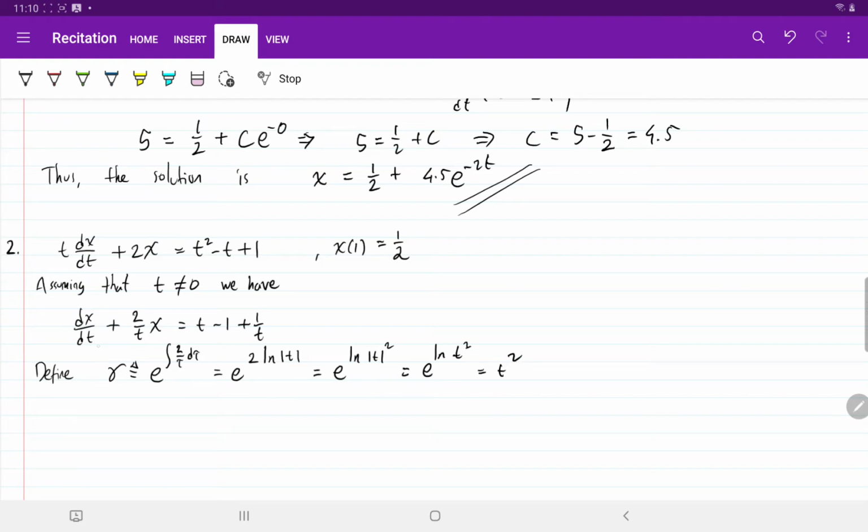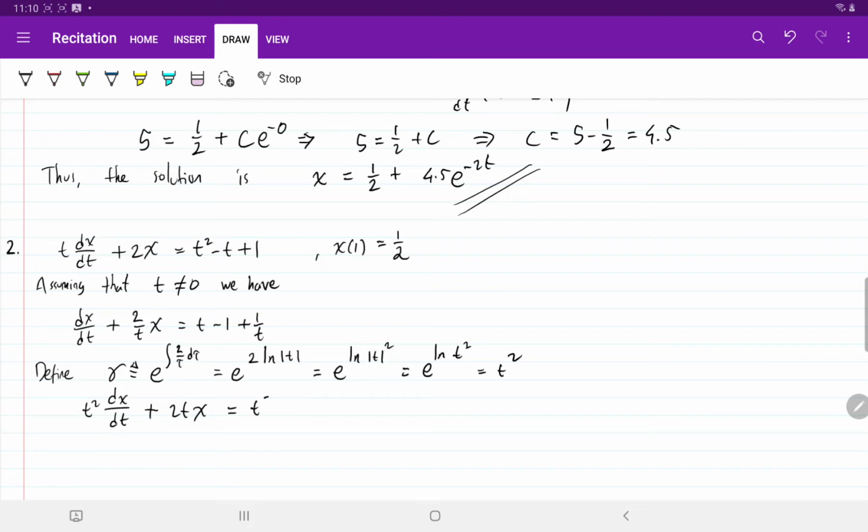So we can multiply both sides of this problem with gamma. Let's do that. So we have t square dx over dt plus t square times 2 over t, we have 2t x, multiplied by t square.